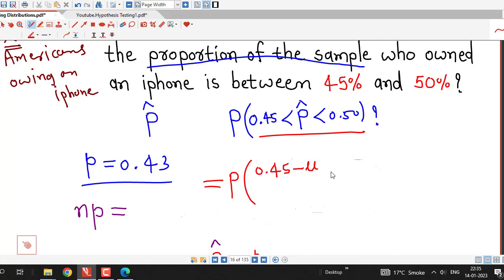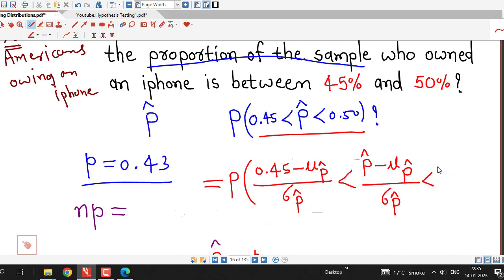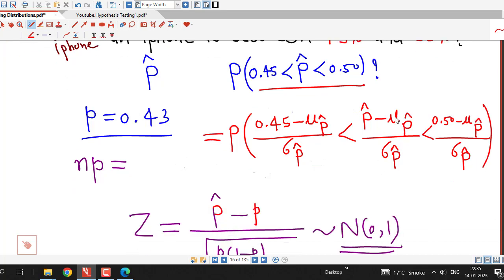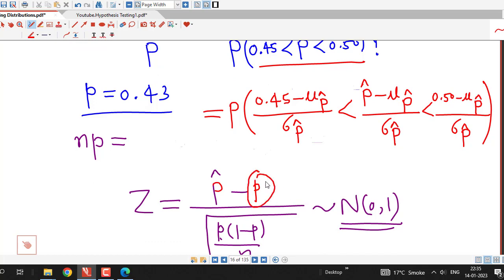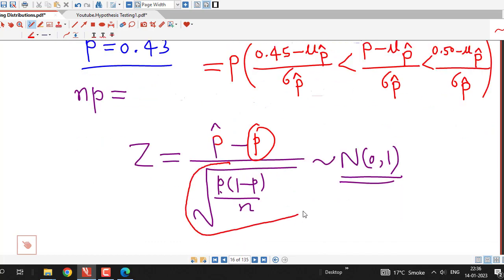Here we write p hat minus the mean of the sample proportion, divided by the standard deviation of the sample proportion, and the same for 0.45 and 0.50. We substitute the mean of the sample proportion equal to small p, and the standard deviation is the square root of p times 1 minus p over n.